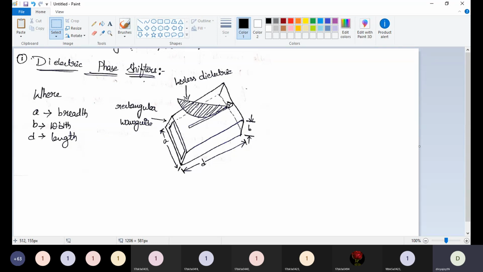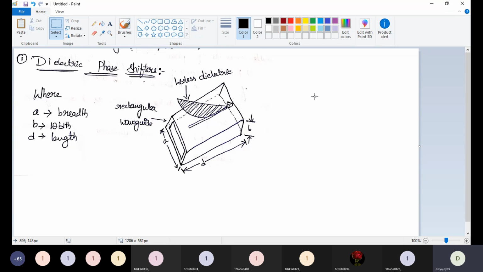If the dielectric is completely inserted, that is, if the depth of penetration is complete, then you are going to get the maximum phase shift. So you can conclude that if the depth of penetration of the dielectric material increases, then the phase shift also increases.